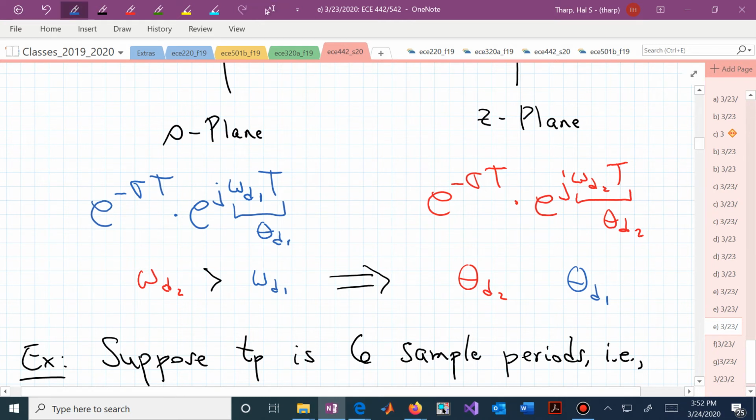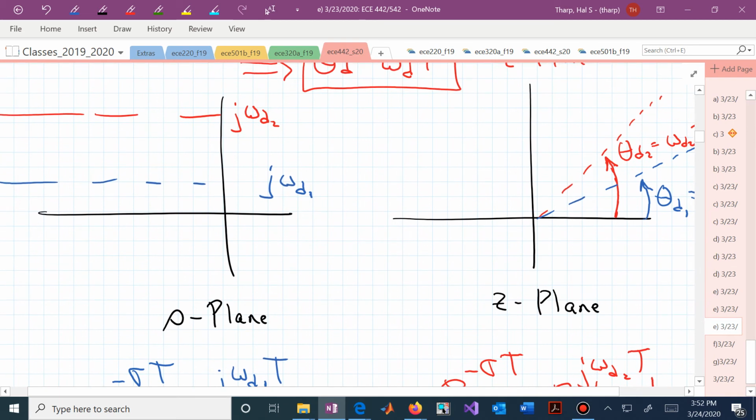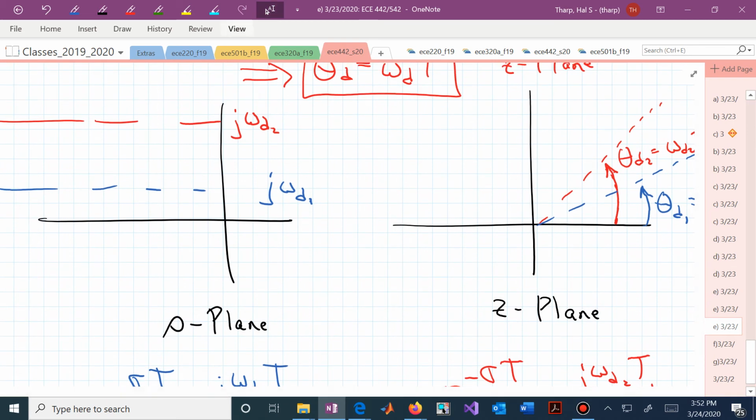So if omega sub d2 is larger than omega sub d1, I think you can see, since t is a positive number, that's our sample period, that in fact theta sub d2 is bigger than theta sub d1. And that's what we saw in the earlier side-by-side comparisons of those two complex planes, the S-plane and the z-plane.